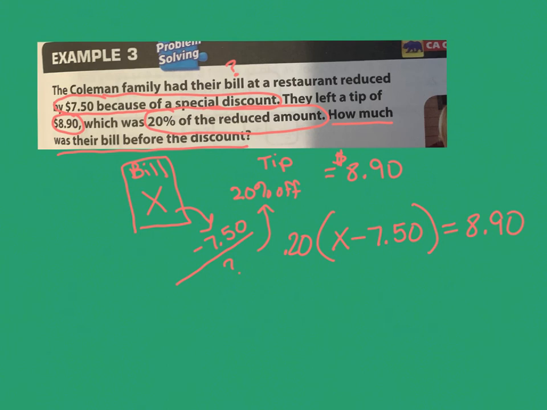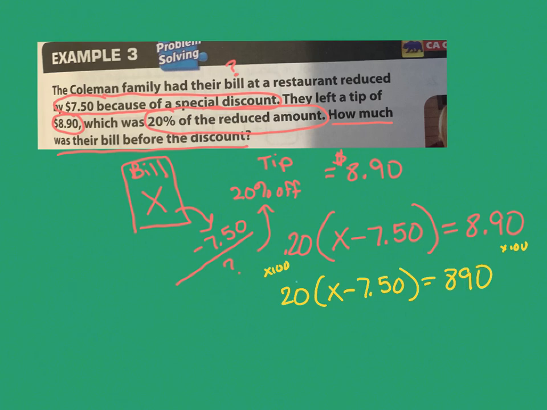Now we actually can use one of our tricks. Instead of using the distributive property, we can at least change these decimals. It won't affect this one because it's protected in there, but we can at least change these ones by multiplying both of them times 100, or you could use a calculator with your decimals, whatever. But I'm going to go ahead and move those. Times 100 will give me 20 times x minus 750 equals 890, now because I multiplied by 100.